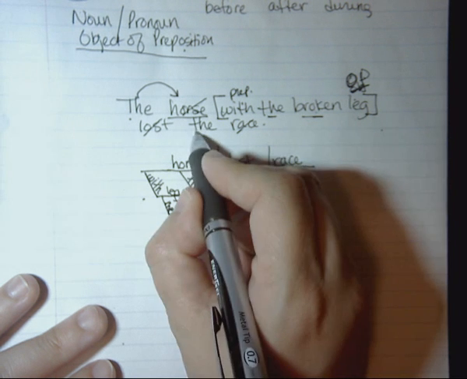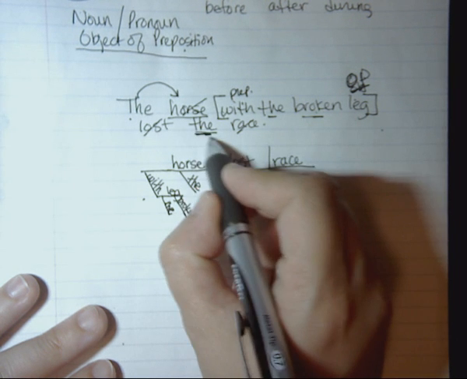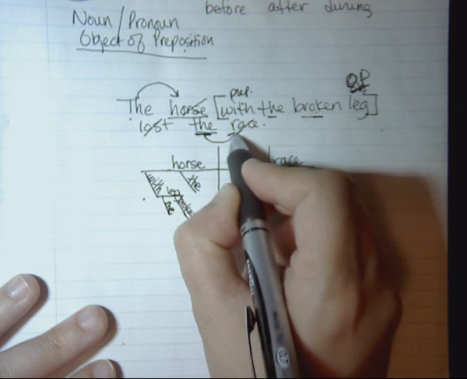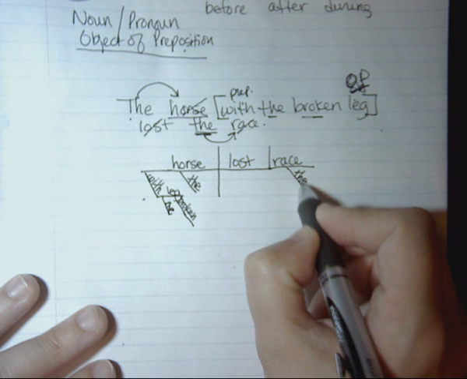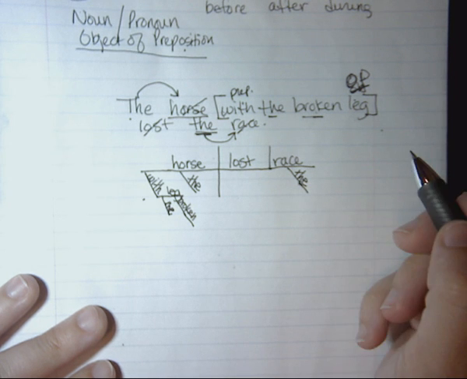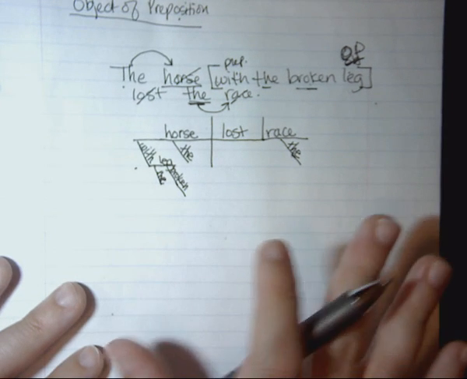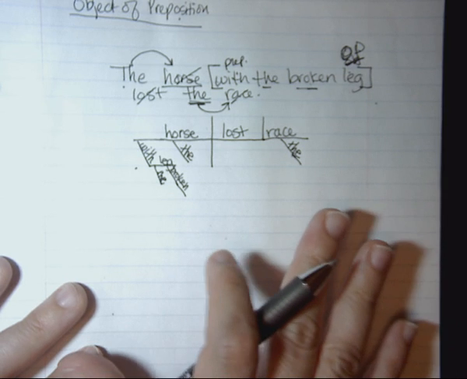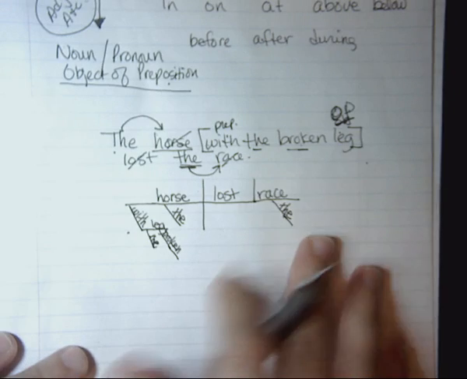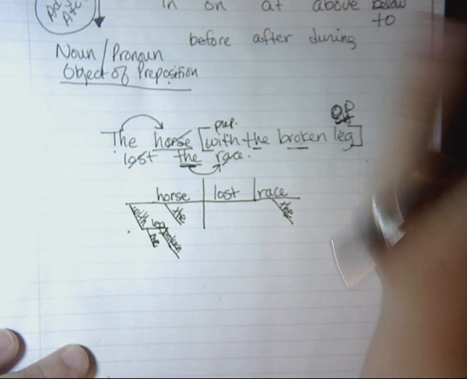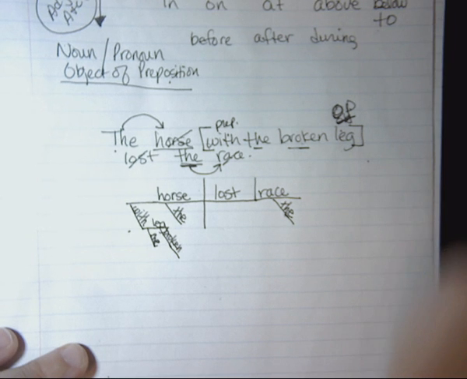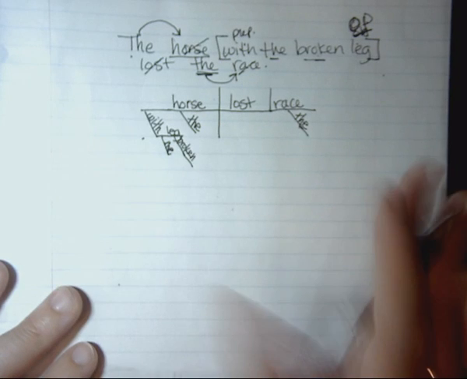Okay? We've got one word left to do, and that is the. The what? The race. So it goes under race. There we go. Okay? Now, another preposition is the word to. T-O. Not T-O-O or T-W-O. Just T-O.